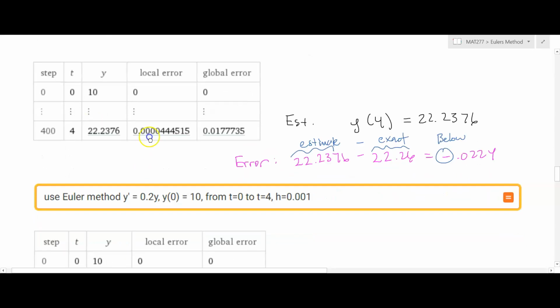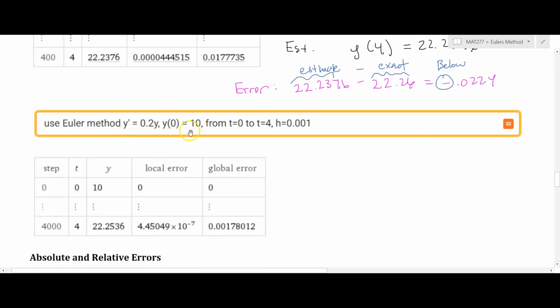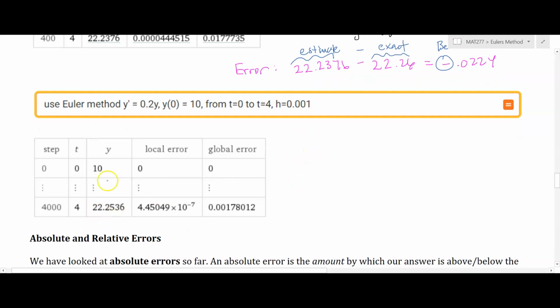Now we can do the same thing for y prime equals 0.2y, but just changing the step size to 0.001. And you can see that now our estimate, and our rounding is kind of sloppy here, so let's just ignore the rounding for just a moment.